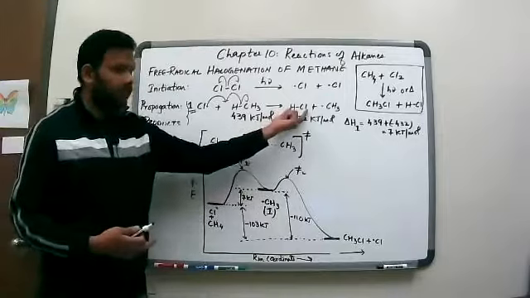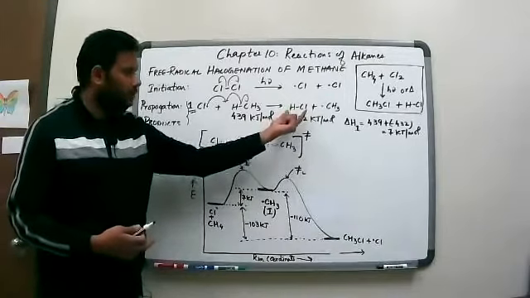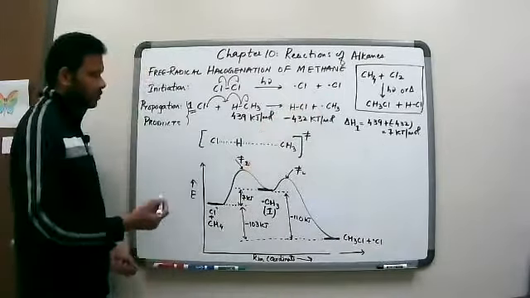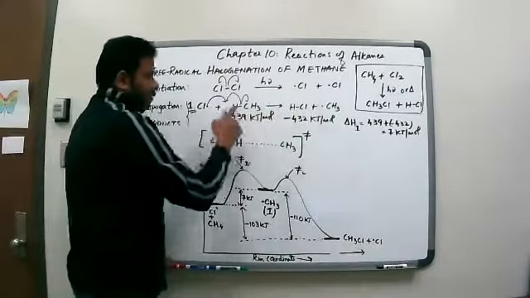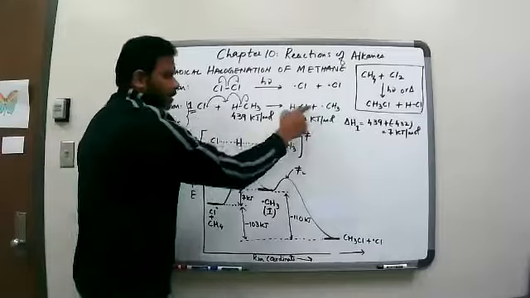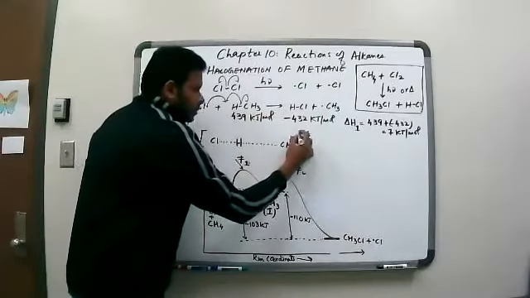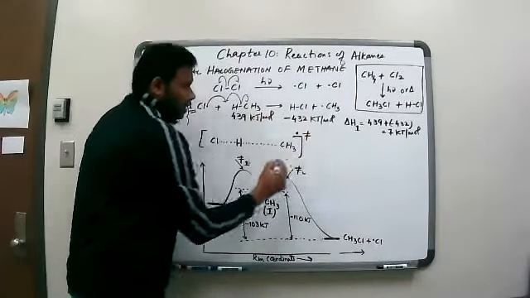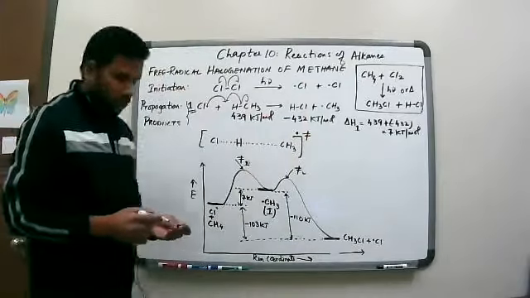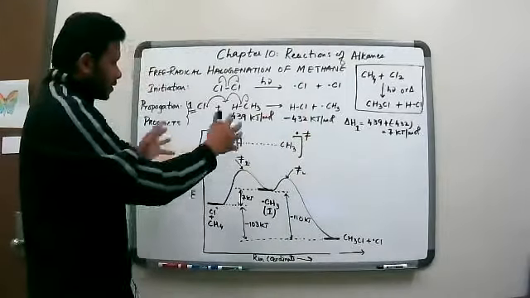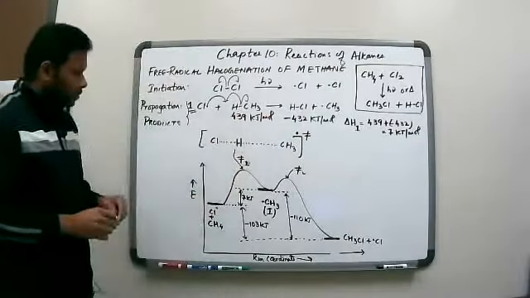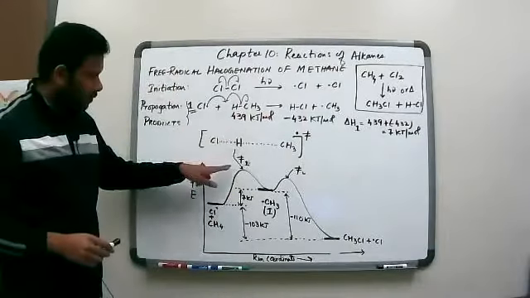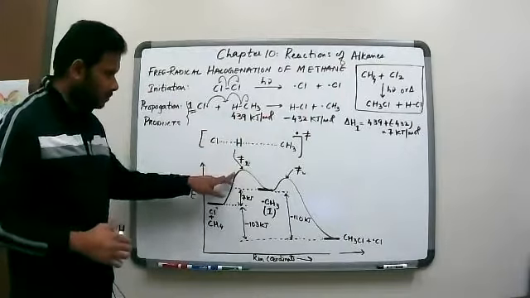And in the product, we have a bond between H and Cl, and we've broken the bond between the carbon and the hydrogen. And overall, since there is a radical on the reactant side and a radical on the product side, we're going to put a radical outside the square bracket to say that this transition state overall has a radical character. So that's the transition state for this first propagation step.